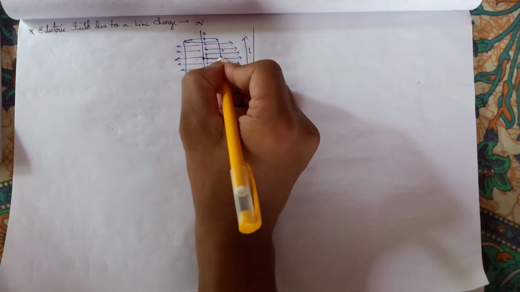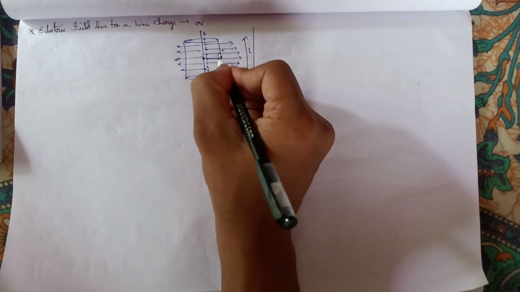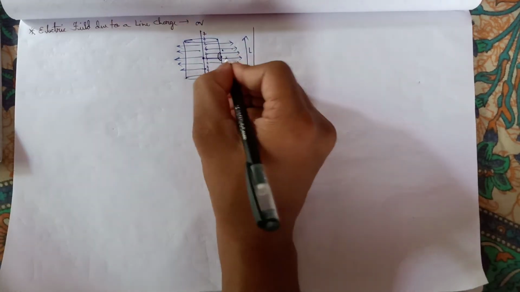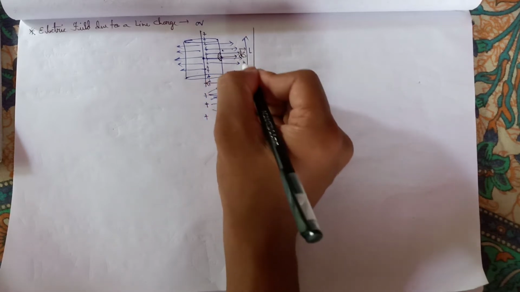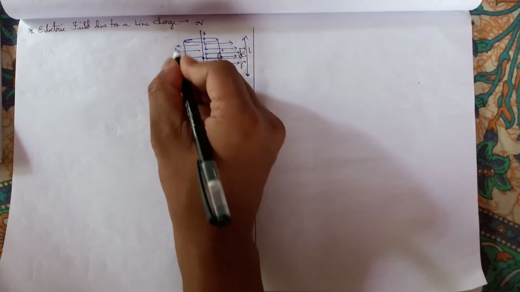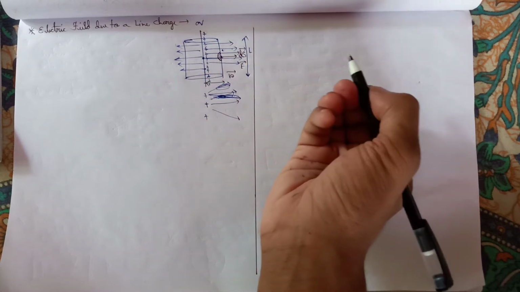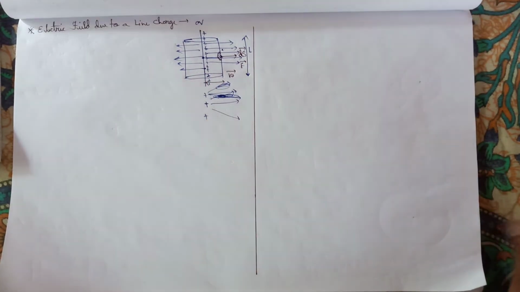To find out the electric field, we will take an elementary surface area dS, having the direction dS like that, which is along the electric field lines. So dS is along the electric field lines, and the angle between them is 0, theta is 0.